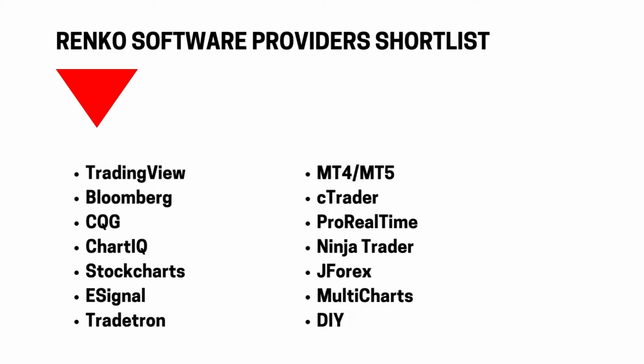Then we've got a couple of expensive options, but very good, used primarily in the professional world: Bloomberg and CQG. Then we've got Chart IQ, StockCharts, eSignal, Tradetron, which is, I think, more like an automation, systematizing strategy type of kit.